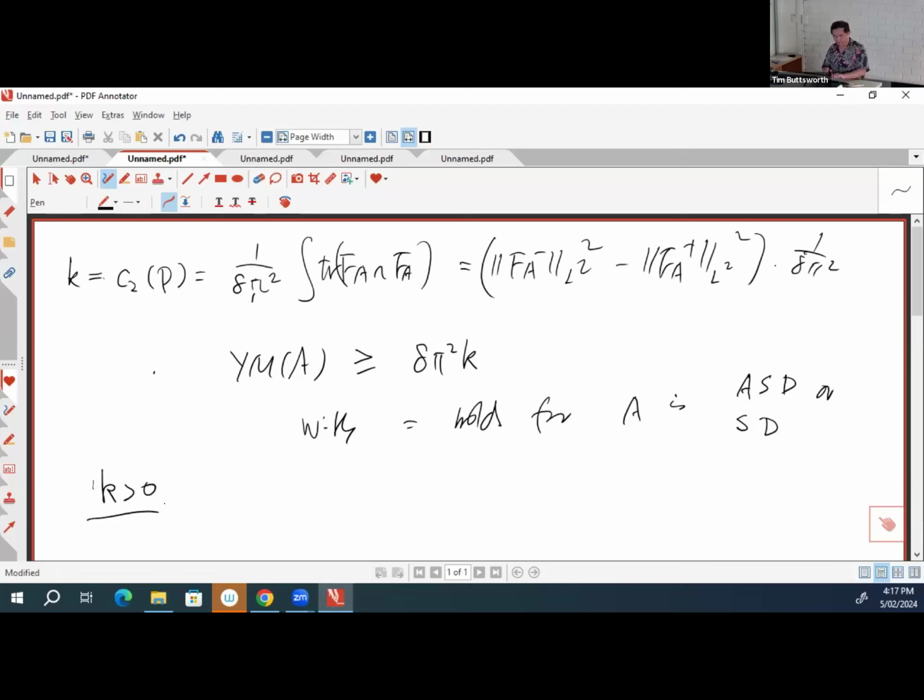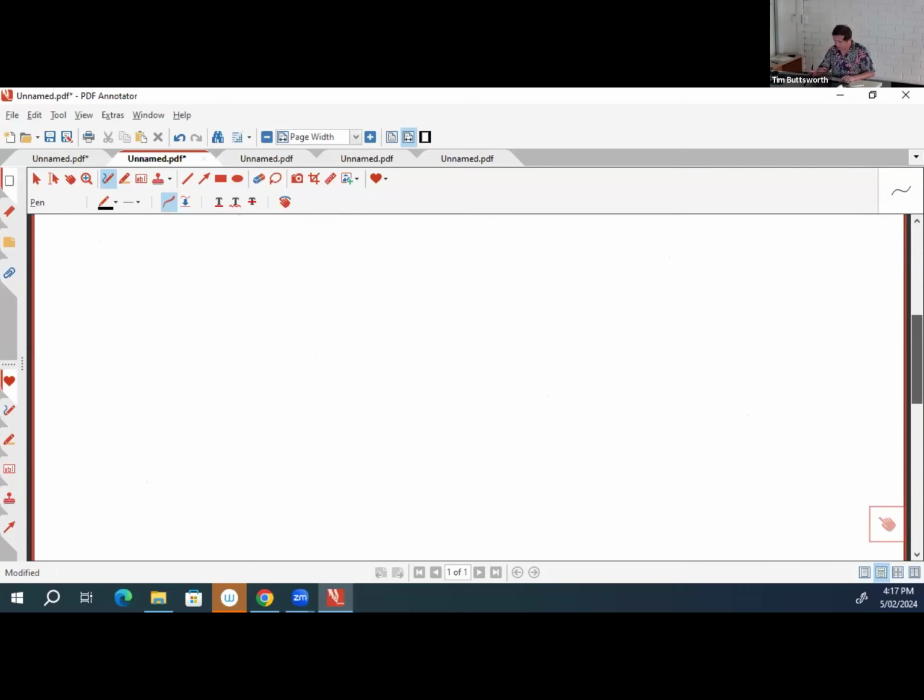And then the Yang-Mills function is always positive, so that means in this case the only possible connections are those in the self-dual part. Okay, so now we have this, and I'm going to interpret it.